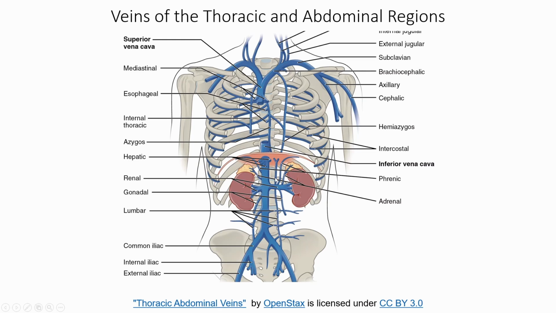Adrenal, renal, gonadal, lumbar, all those ones again named very similar for the arteries that they are counterparts to. Same with the common iliac breaking into the internal and external iliac. So a lot of these again are very similar to their arterial counterparts.